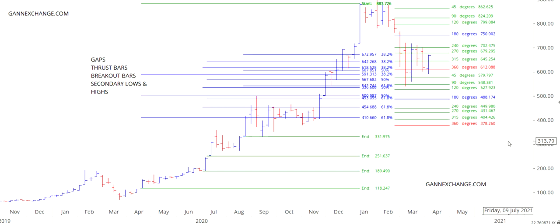If Tesla were to break the previous low in the 540s, then the next zone we need to consider for the strong support area is this 180 degree area, coinciding with the next Fibonacci zone. So 488 to 493, that zone there will be the next big support if Tesla breaks to new lows.